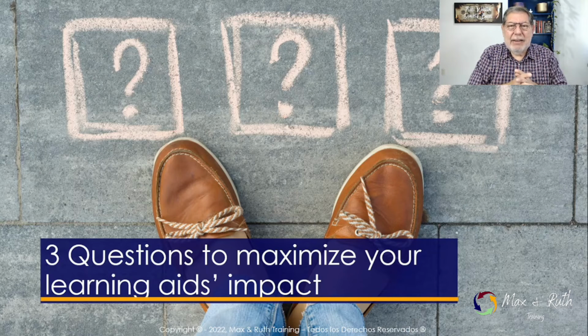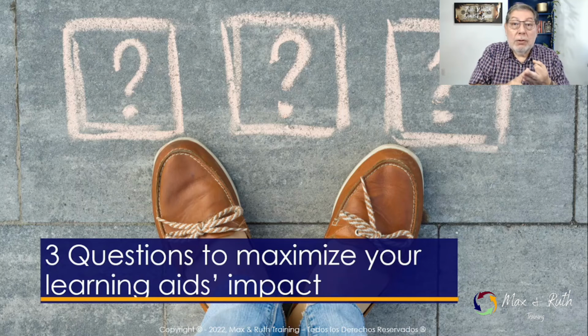And if we really want to maximize the impact of our learning aids, we must answer 3 questions. The first one: what will the participant think after seeing or after interacting with the learning aid? What will he or she feel?